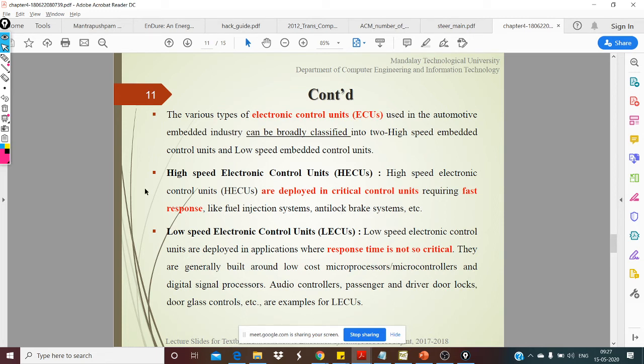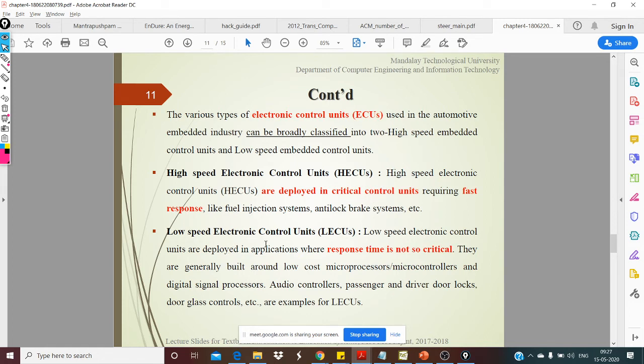You need high speed here because you don't want them to miss the deadline. As we saw, embedded systems are always driven by deadlines. The moment you push the brake, it has to work, the brake has to take effect. So for that you need high speed electronic control units for these critical embedded systems.